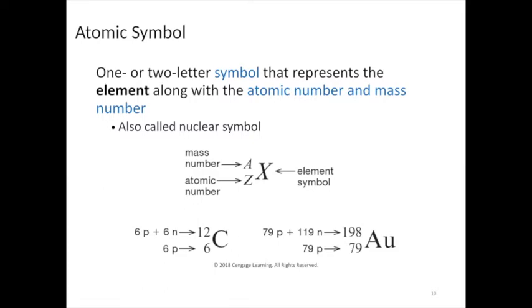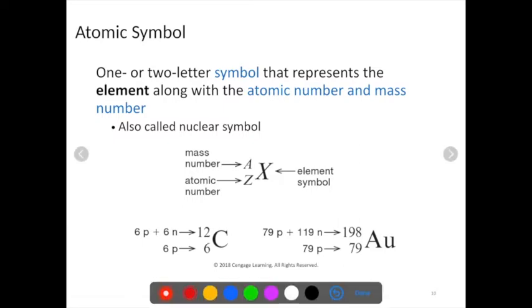Okay, so the way we represent the symbol, the atomic number, the mass number all together looks something like this. Okay, so we write the symbol of the element. So we have just an example X there, our symbol. The mass number is located at the top and the atomic number at the bottom. So here we have carbon as an example.